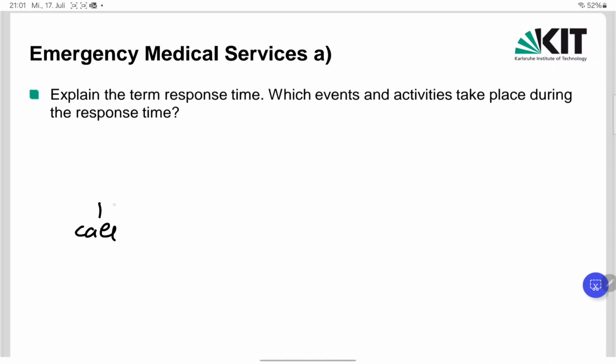So to make some kind of a triage decision. Okay, so then we start with the triage, to understand how critical the condition is for the patient, and then of course dispatch the ambulance.